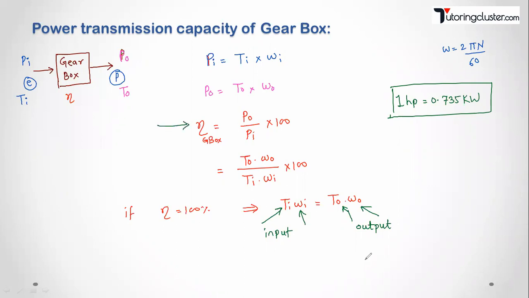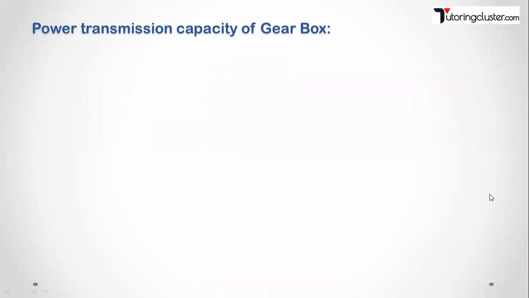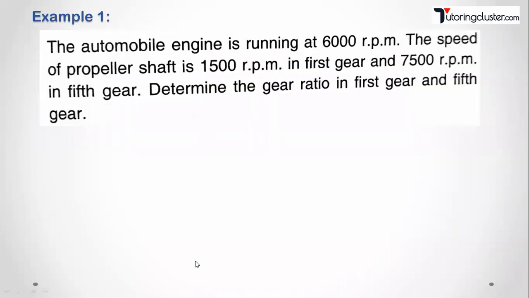Now let us discuss some simple examples based on this. Let us read example number 1. The automobile engine is running at 6000 rpm. The speed of propeller shaft is 15,000 rpm in first gear and 7500 rpm in fifth gear.